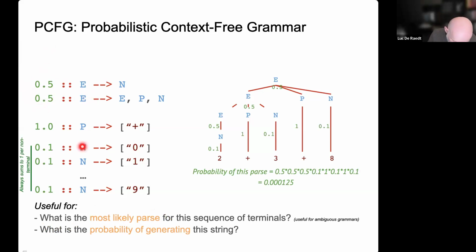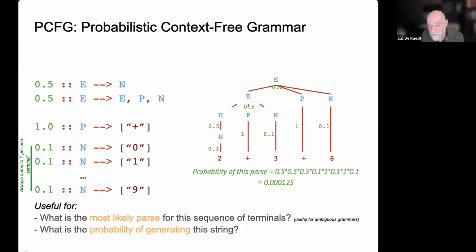And you see it also here for N. They also sum up to 1. And then you get this parse tree that you can now annotate with probabilities. Whenever you apply a rule, you just note down the corresponding parameter value of your rule. And at the end of the day, you multiply all these numbers, and then you get the probability of the parse tree.